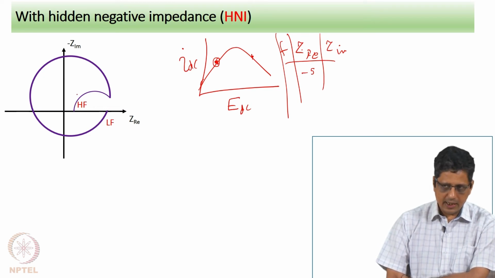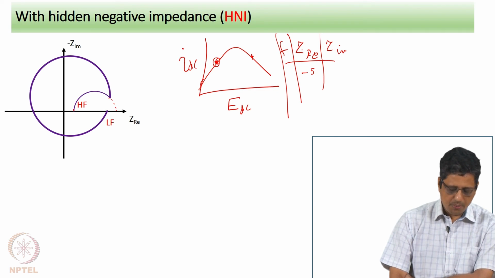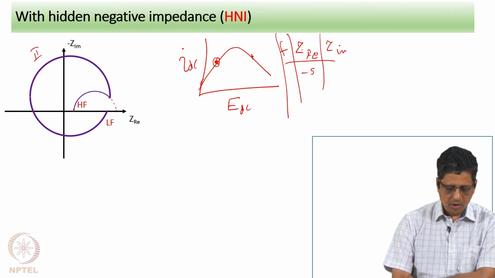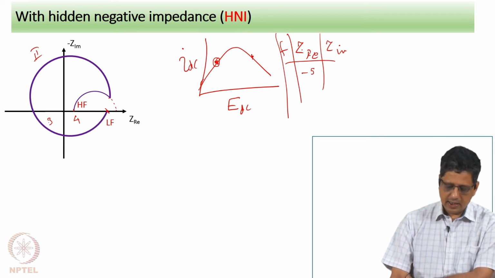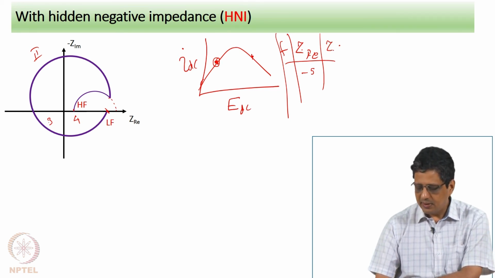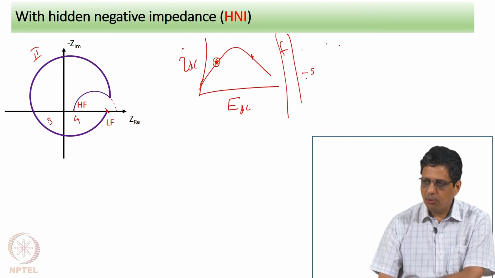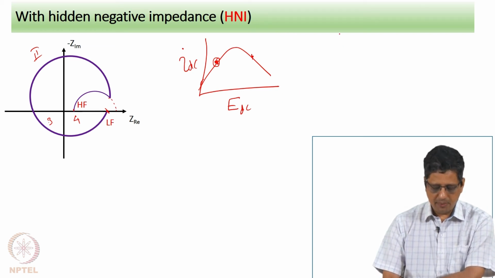However, when you actually take the data, you see that the solution resistance is here, the charge transfer resistance is anyway going to be positive, a negative capacitance loop goes through the second quadrant followed by an inductive loop going through the third and fourth quadrant and settling at the positive value. So, it will settle at the positive value as indicated by the slope in the polarization curve, but it is hidden, meaning by looking at the polarization curve you cannot guess or estimate that it will have a negative value for Z real. That is why it is called hidden negative impedance.